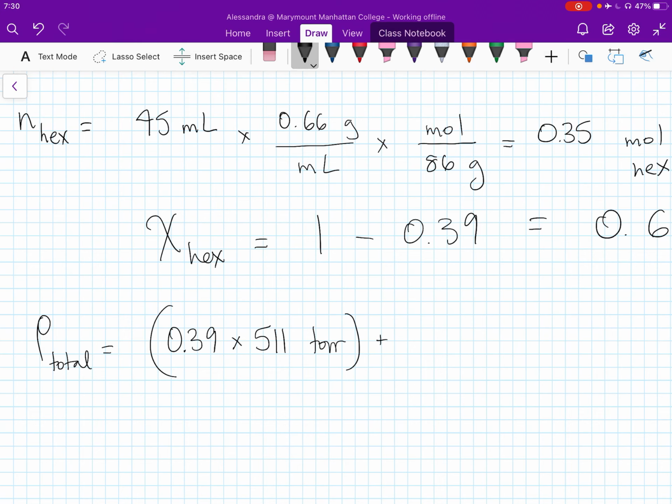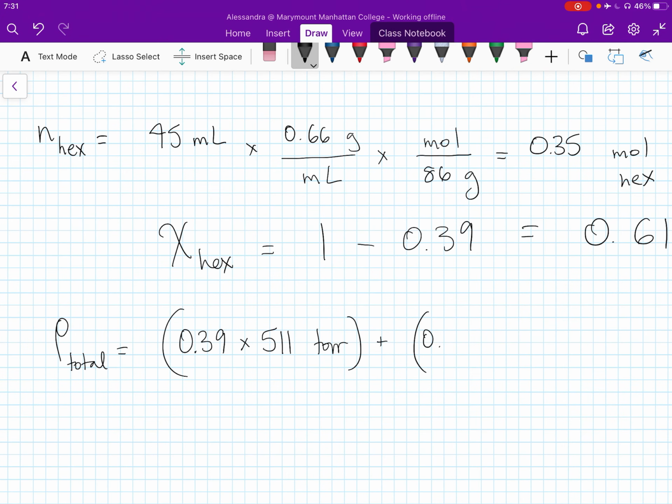I'm going to add that to the product of the mole fraction of hexane, which is 0.61, times the vapor pressure of pure hexane, which is 150 torr. And that gives me a total vapor pressure of 291 torr for the solution.